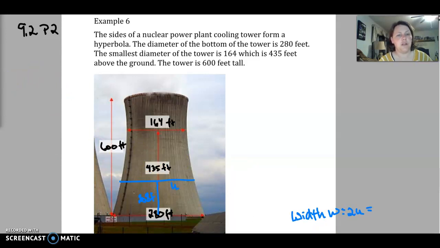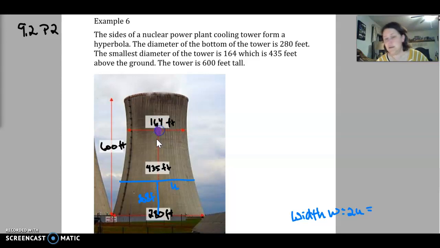Okay, now we need a new color. Red is already on there. Let's use purple. Okay, so this width right here, 164, this is where it says it is the smallest diameter, the smallest width across. So this is where we are going to place the center of our hyperbola.